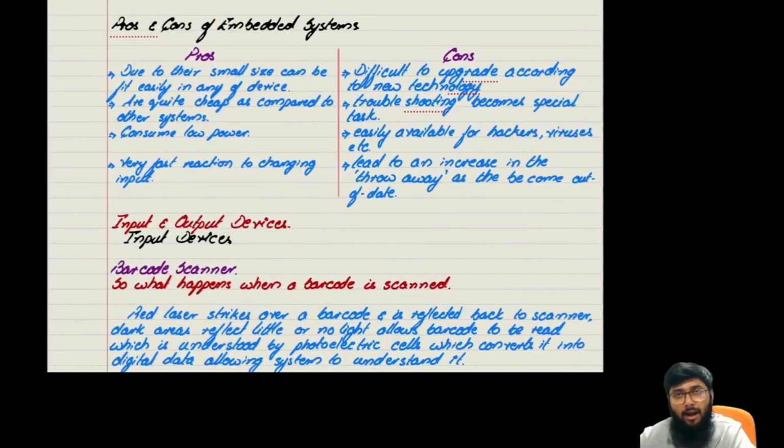Now, obviously, there are pros and cons to each and everything, so similarly, there are pros and cons to an embedded system as well. Now, what are the pros? Number one, due to their small size, they can be fit easily into any system. But when it comes to debugging, due to their specialization, only a specialized person will be able to debug any sort of error within that.